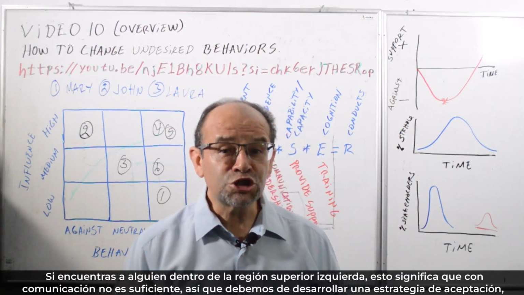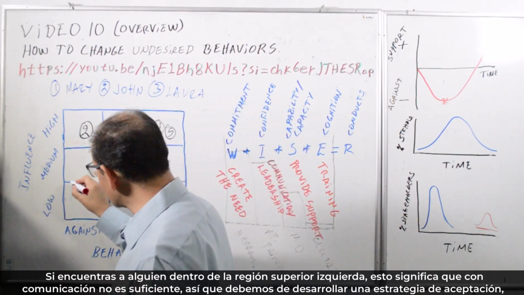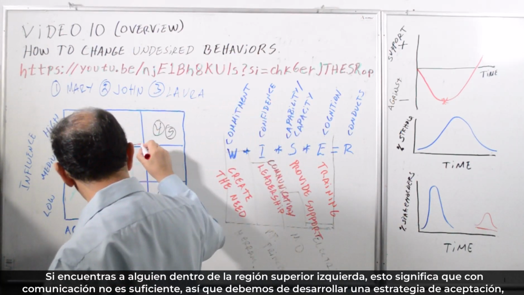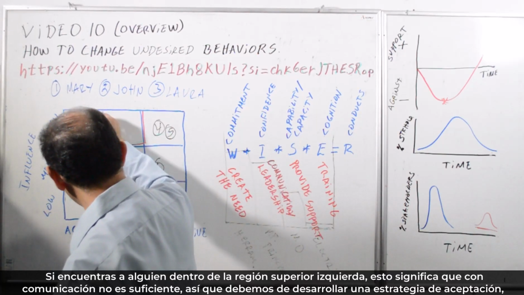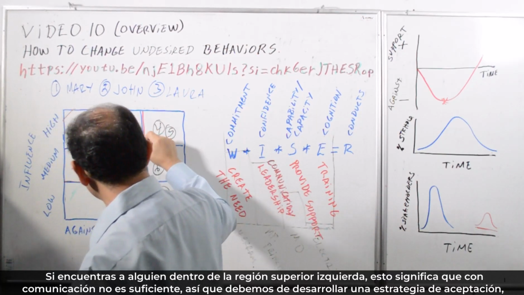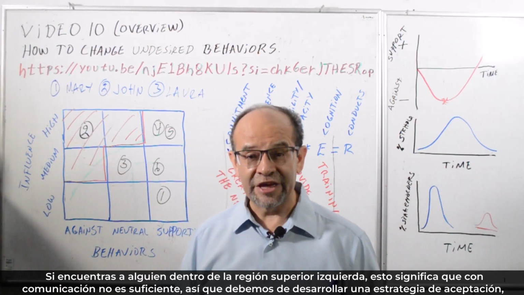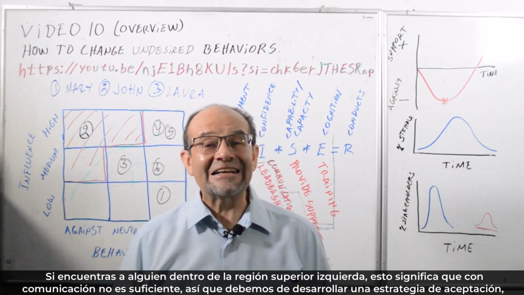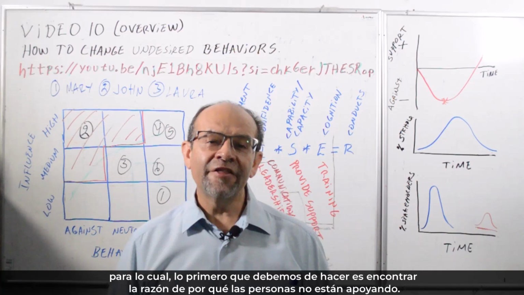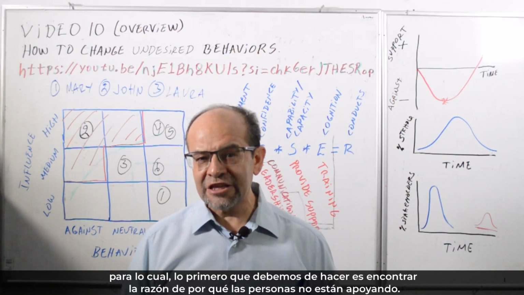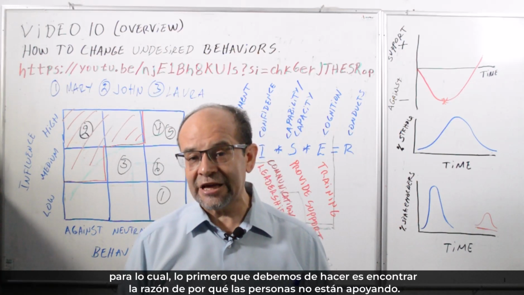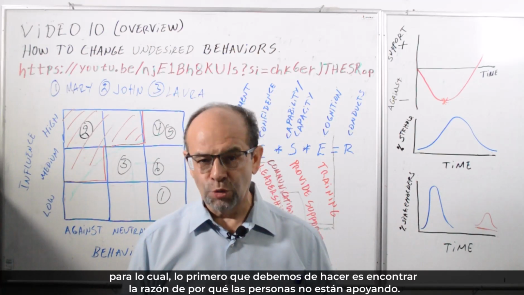If you find someone in this region, then that means that we have to do something else. We have to do an acceptance strategy. And in order to do the acceptance strategy, the first thing to do is to understand why people are not supportive.